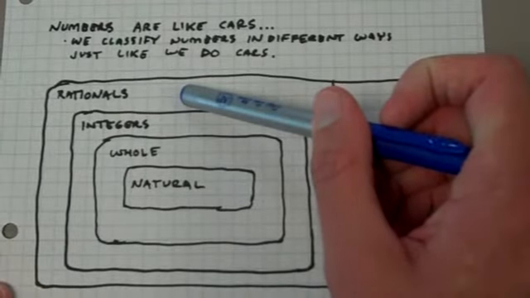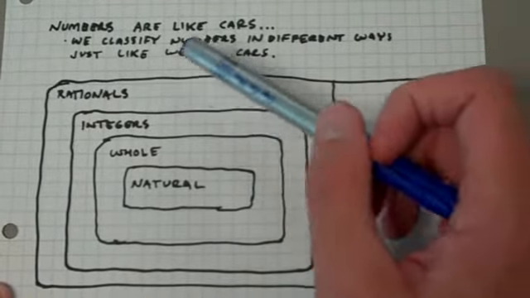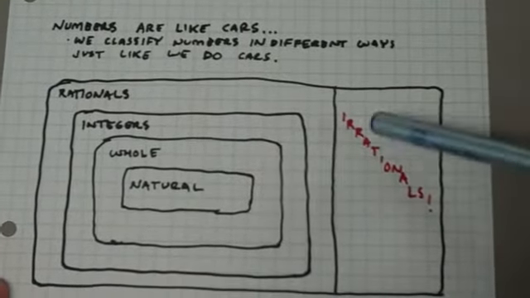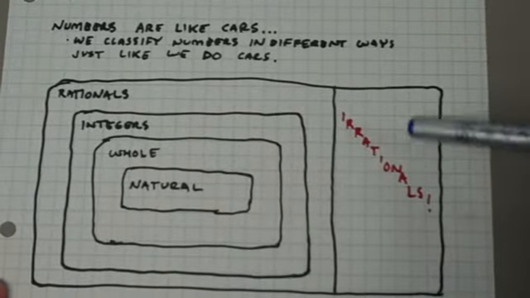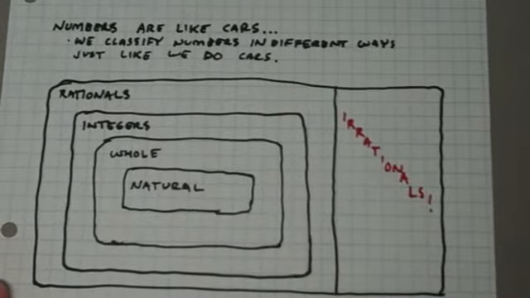And fractional parts. So if I were to say -2.5, that is a rational number. Now over here in this weird little island is the irrational numbers. The irrational numbers are kind of strange, and we'll talk about them on the next page. But first, let's get some rational examples.